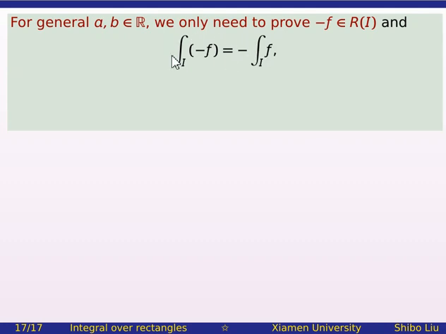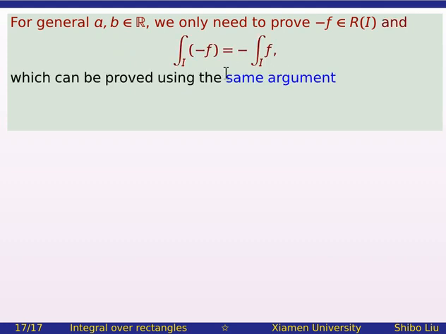So the idea for proving this result is similar to the previous case of linear combination, and actually it will be simpler because you only need to consider one function. You only consider f, no g here, so this will be easier using the epsilon argument.